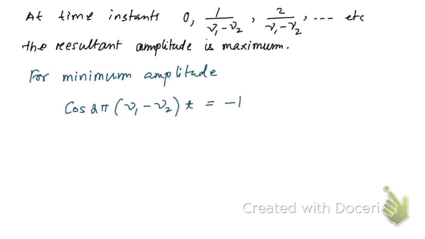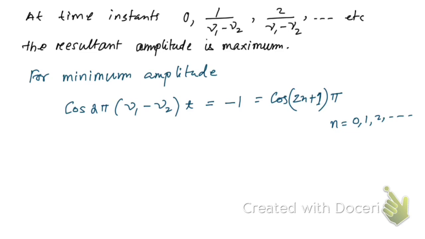This one will be -1 when we take cos of an odd multiple of pi, that means (2n plus 1) pi, where again n is equal to 0, 1, 2, and so on.